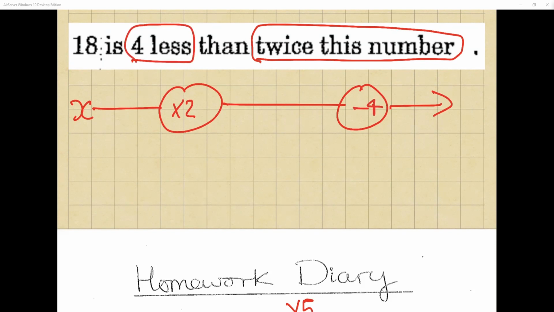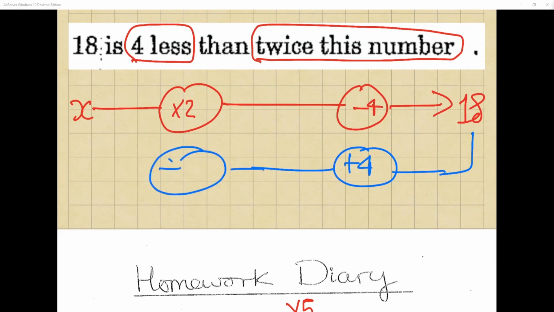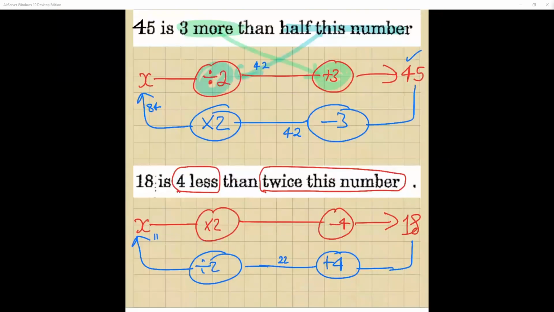And what's the answer? 18. And then what do we do next? Then we do plus 4 and divide by 2. So you get 11. So 18 add 4 is 22. 22 divided by 2, 11. Yeah, that works. Fantastic. Lovely.